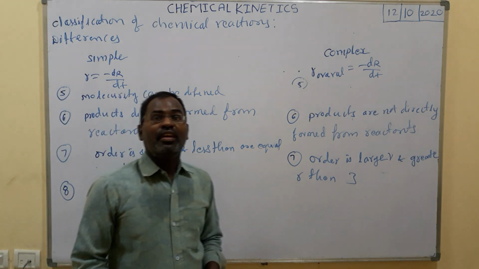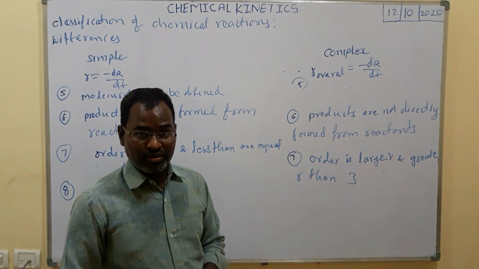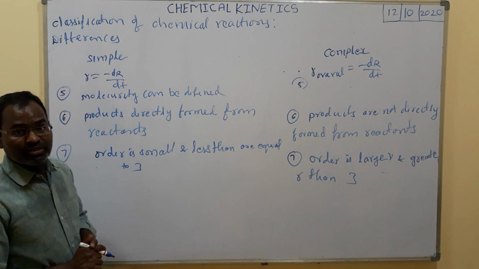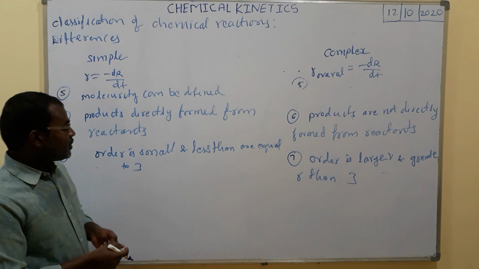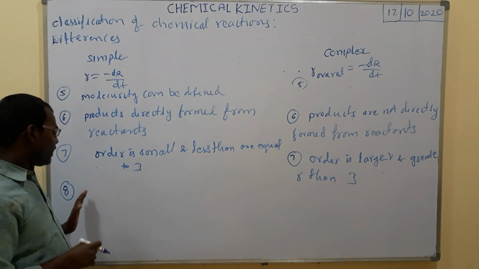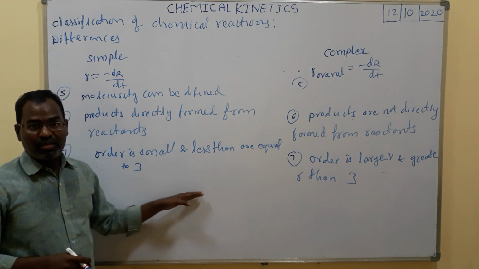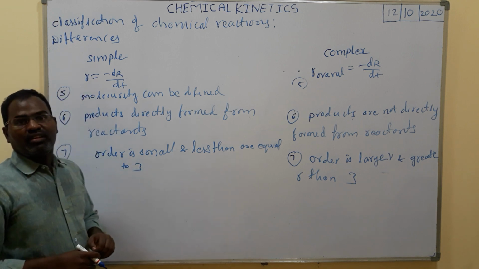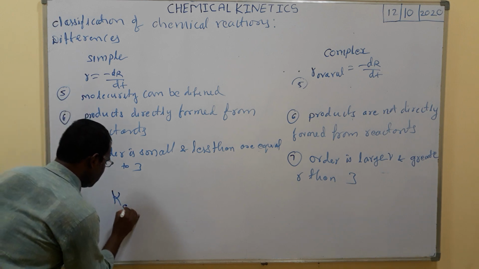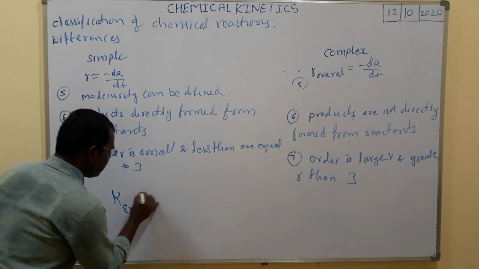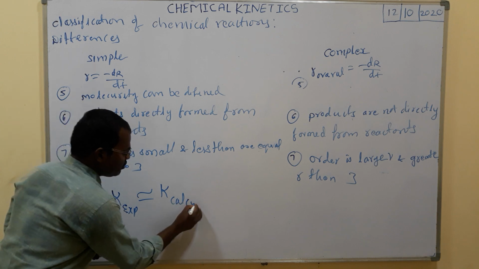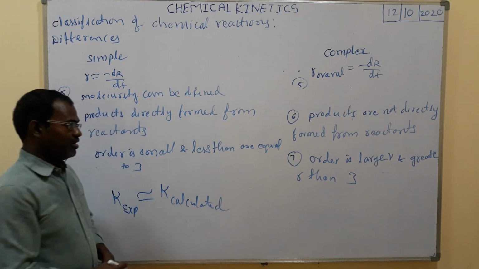For the simple reaction, the experimental rate constant values are almost equal to the calculated rate constant values, so K experimental is almost equal to K calculated.